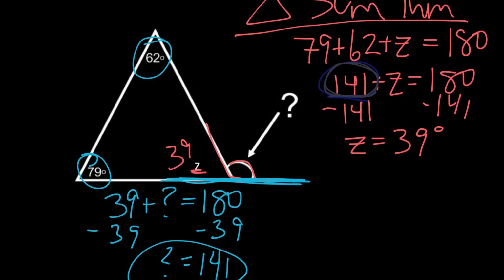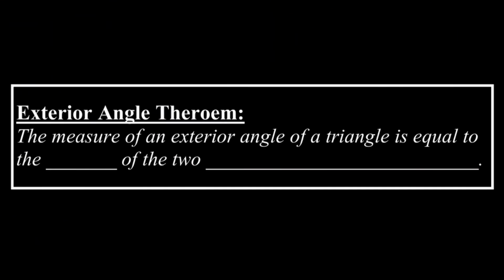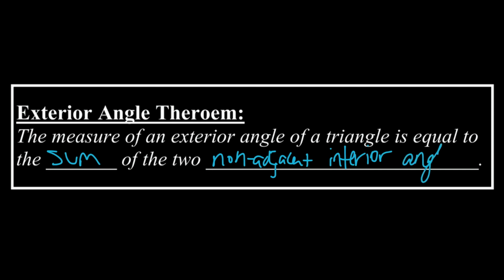So this is the exterior angle theorem, that the measure of an exterior angle of a triangle is equal to the sum of the two non-adjacent internal or interior angles.